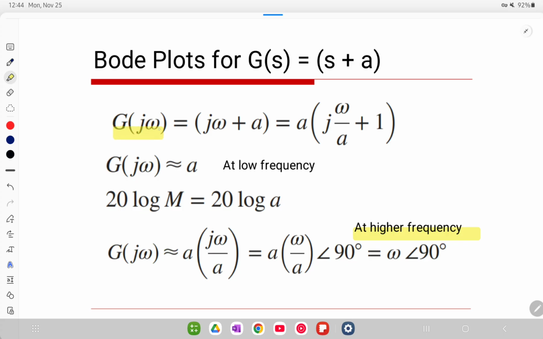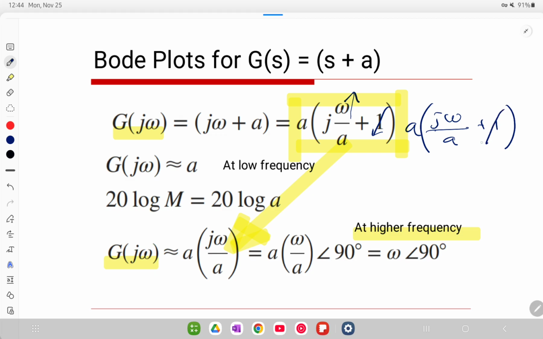So let's look at G of omega. What happened to it when omega is high? Say omega is really high, then this term doesn't matter as much. You will only see j omega, but that is still over A and times A. This one is not as significant as this term.